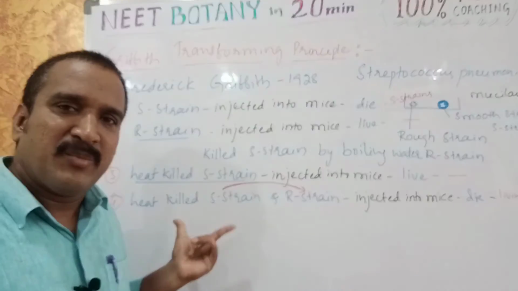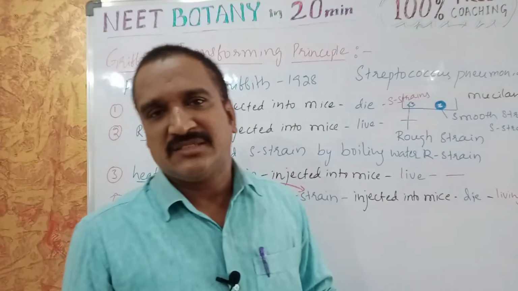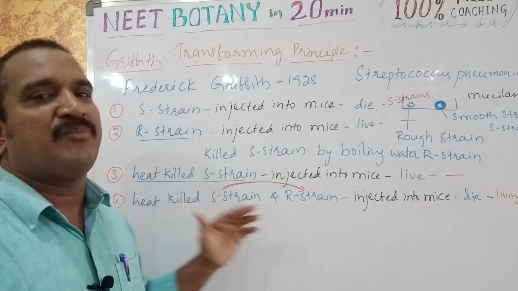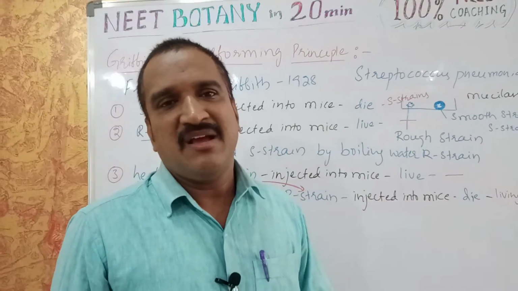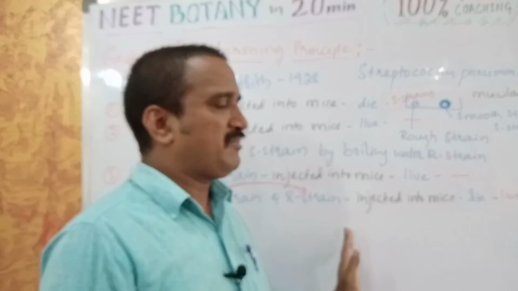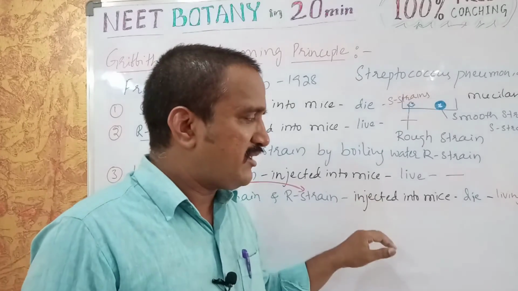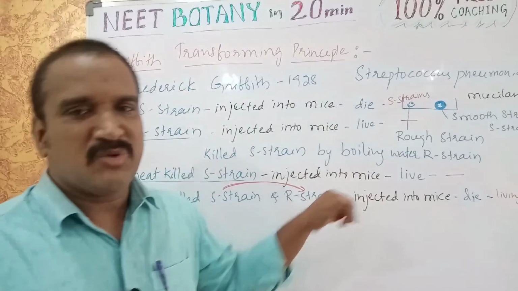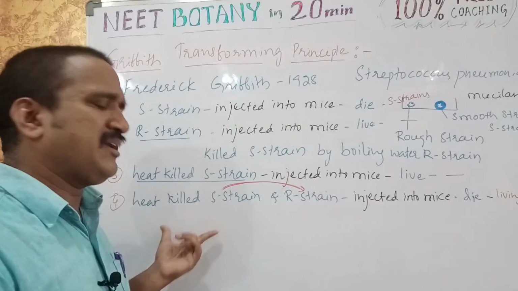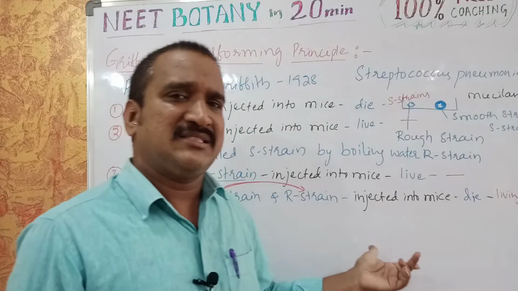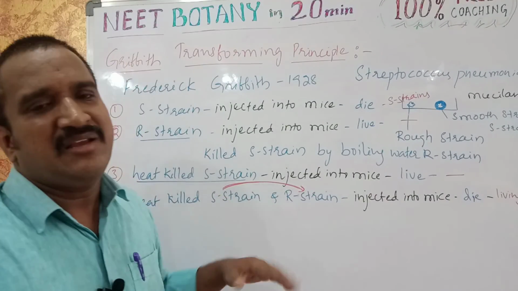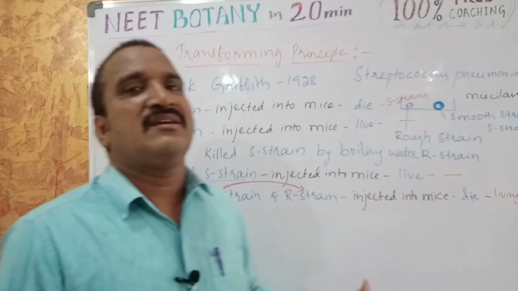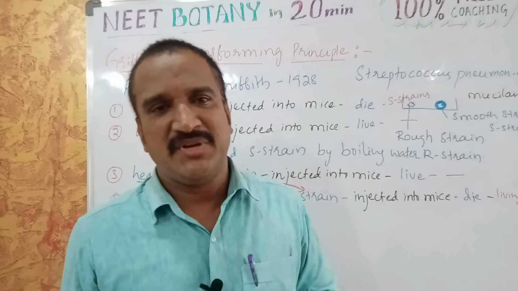When they applied proteases, the protein-digesting enzymes, the proteins were completely digested, but the remaining part injected into mice still transformed. Likewise with RNA, transformation continued. When DNase was applied, the transformation stopped.